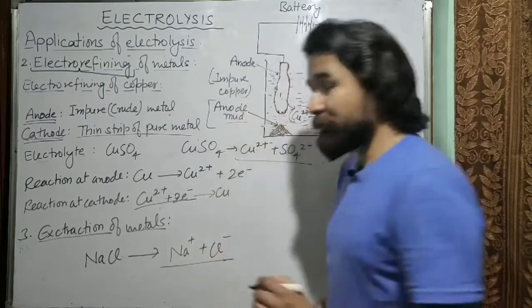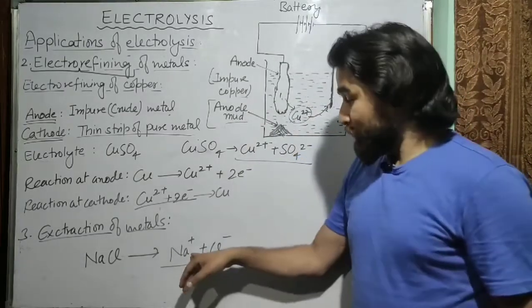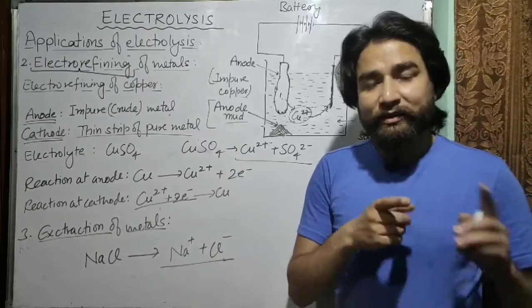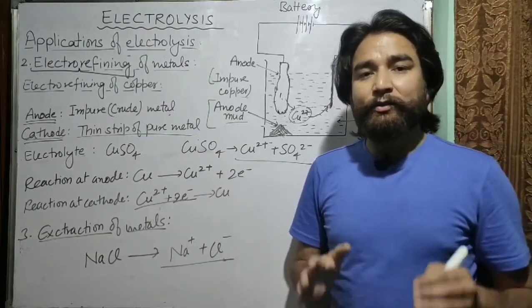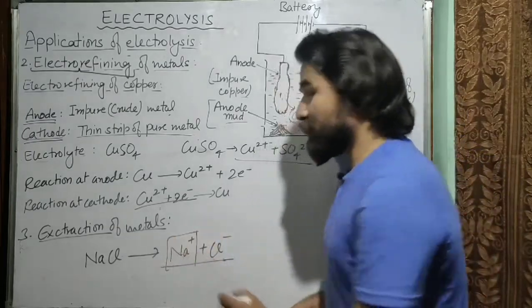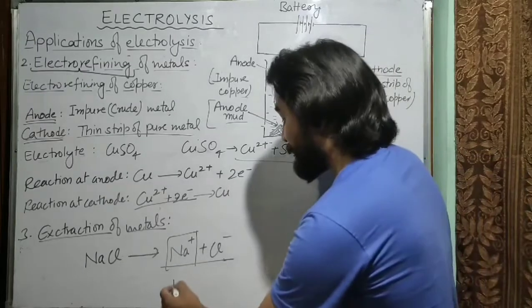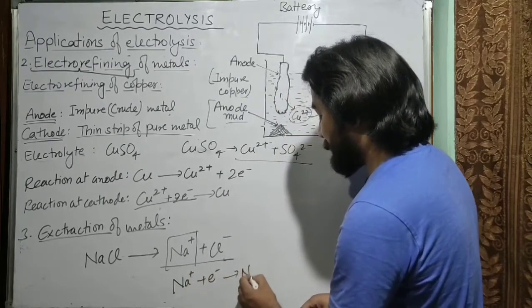If the electrolysis of molten sodium chloride is done, the sodium ion, because it is the only positive ion in the electrolyte, will move towards the cathode, where these sodium ions will gain electrons and get deposited.